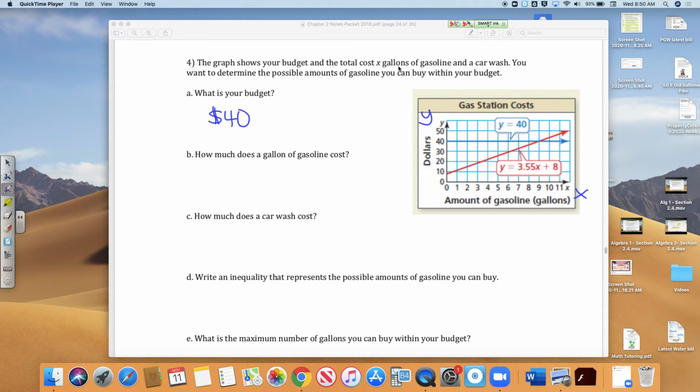The red line says the amount of money, because that's what y is, equal to 3.55 times x. x represents the amount of gasoline you're buying, plus $8. So this number right here, this 3.55x, since x represents the number of gallons of gasoline, 3.55 represents how much it costs per gallon of gasoline. So the amount per gallon is $3.55.